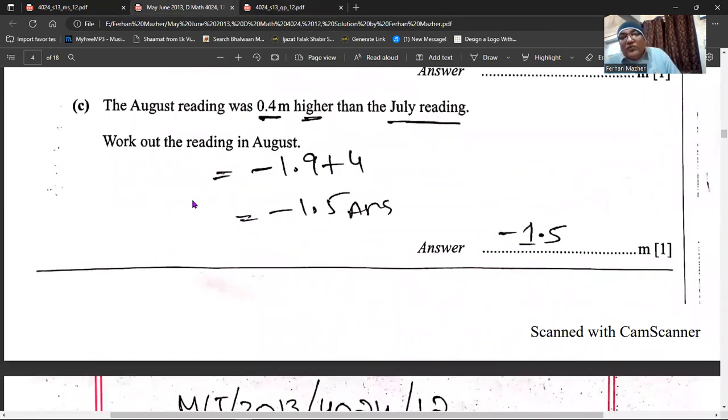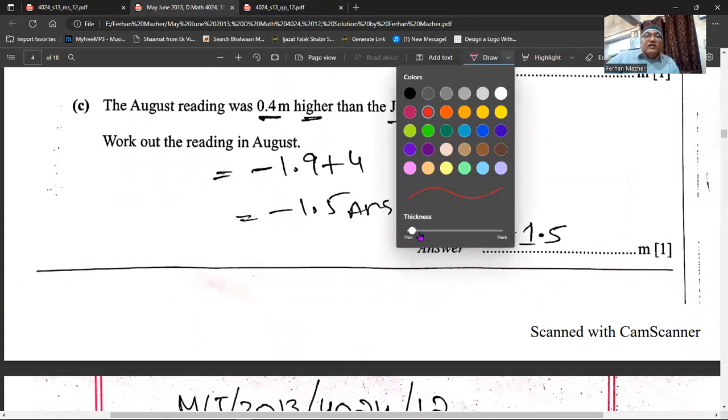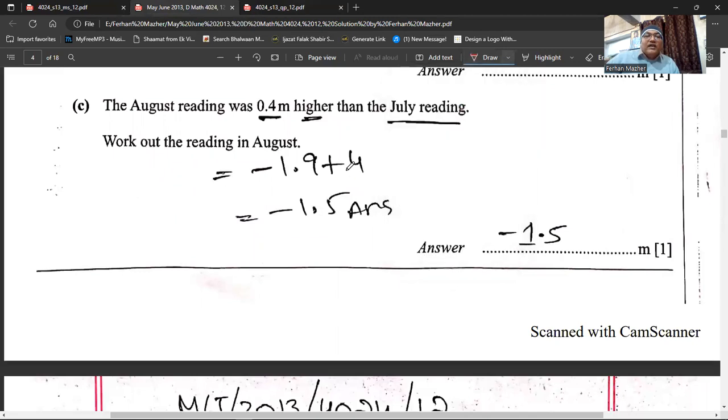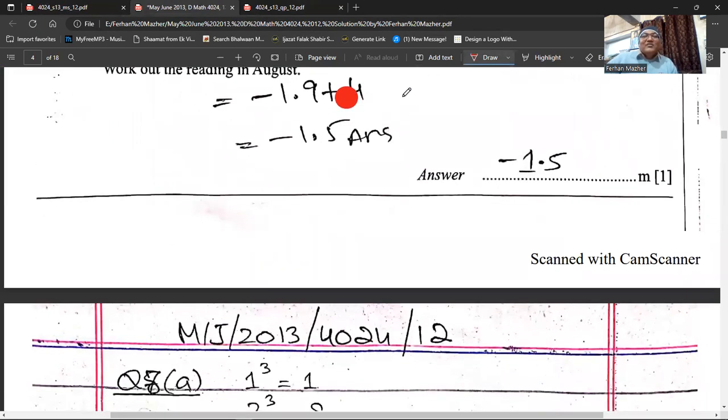So it will be -1.9 plus 0.4. Sorry, I have not written the decimal point here. It's 0.4.